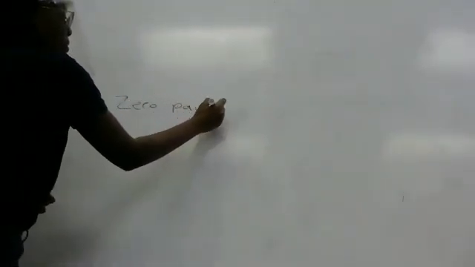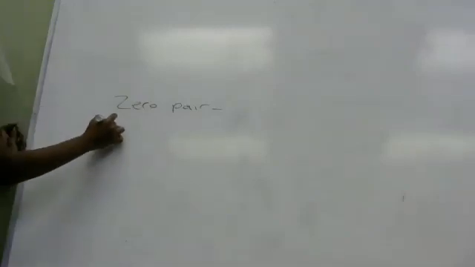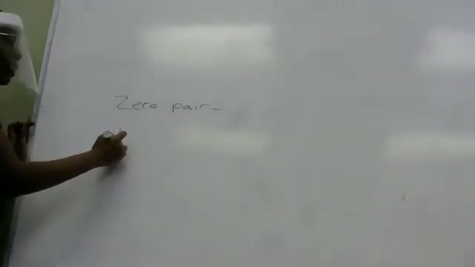Zero pair. What is a zero pair? A positive number and a negative number which makes it equal zero. So what's another way of saying that? When you add two numbers and you get zero. And its opposite? Yes, be specific. So a number and its opposite, for example, -4. What's its opposite? 4.